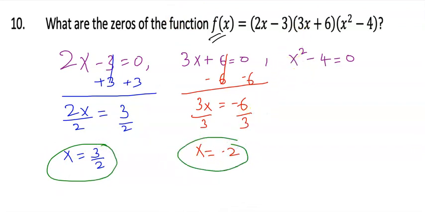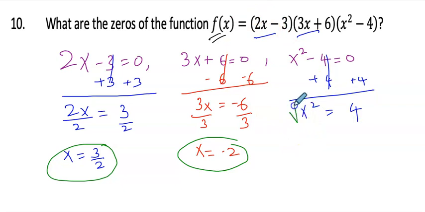Now let us look at this one here. You have x square minus 4 is equal to 0. The first and second factors are linear, right? This is a quadratic, so you are going to get 2 answers. Directly you can add 4 on both sides. So bring down x square, 4 and 4 cancel, 0 plus 4 is 4.